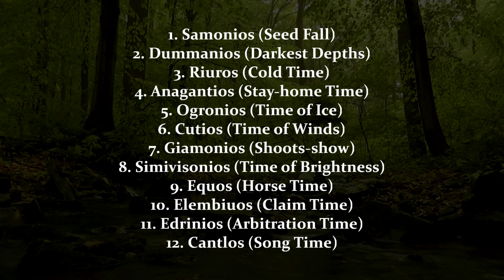1. Simonios, which means seedfall. 2. Dumanios, which means darkest depths. 3. Roiros, which is cold time. 4. Anagantios, which is stay home time. 5. Agronios, the time of ice. 6. Cutios, time of winds. 7.